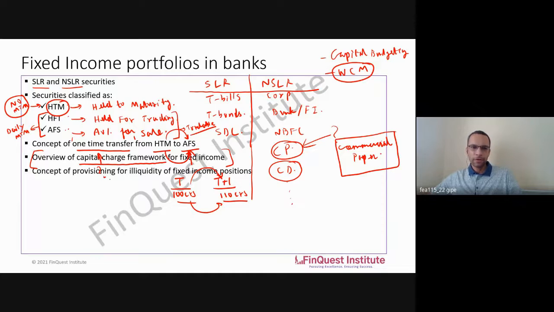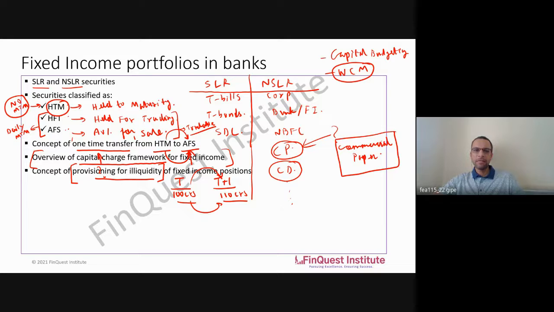Again, providing for illiquidity, I'll just give you an idea. How exactly that provisioning happens is something which we'll cover when we talk of the capital charge framework. But there is an idea of provisioning for illiquidity. So can you guess what could be the reason behind this provisioning? Now, why do you require provisioning for illiquidity? What is the kind of risk which I'm trying to manage through such a provisioning?